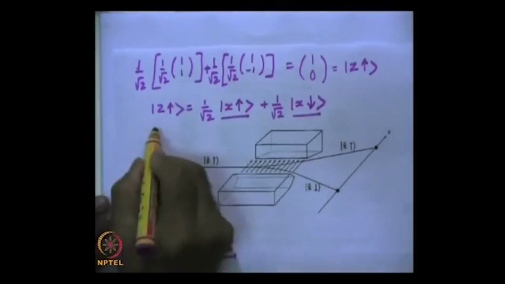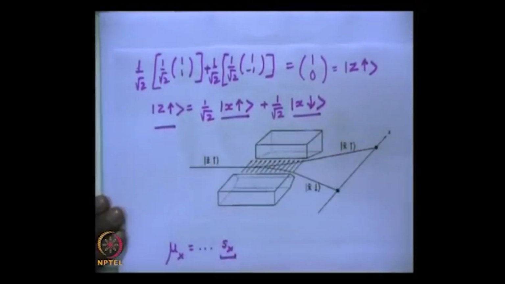This indeterminism, which Einstein could never accept, is a consequence of quantum mechanics. This concept of superposition, that a state is a superposition of two different states, is a consequence of quantum mechanics.